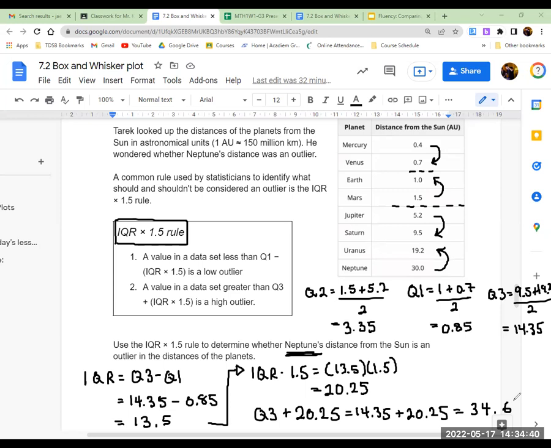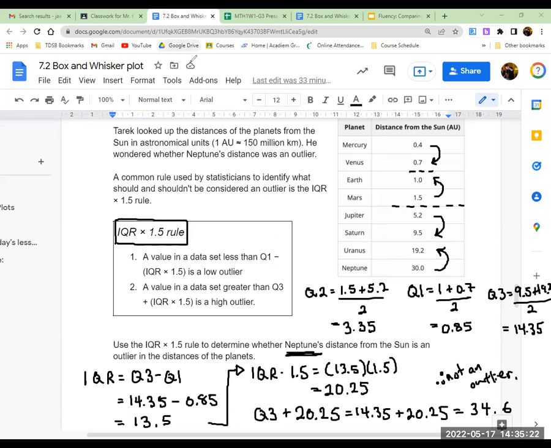No. So it's not an outlier. It stays within my data. It's acceptable. Using this number right here, 14.35, same Q3, therefore not an outlier. The same can be calculated for if it's too small that it's an outlier, but I won't do that here.